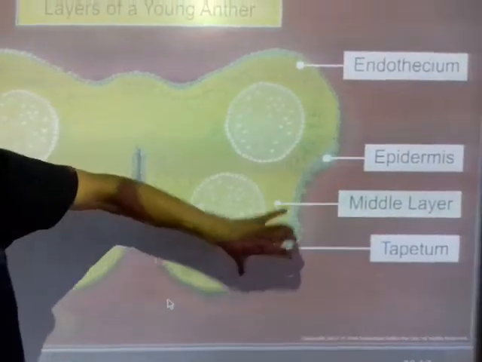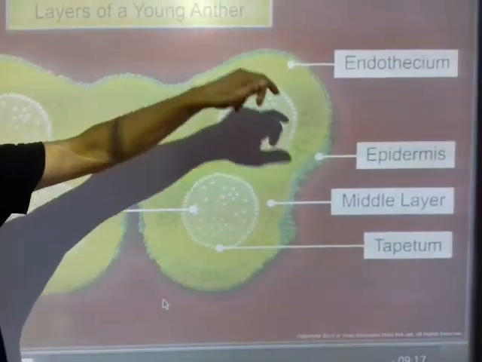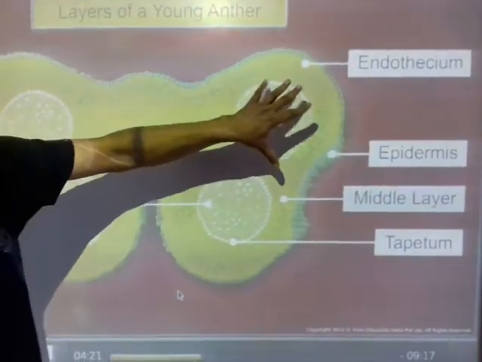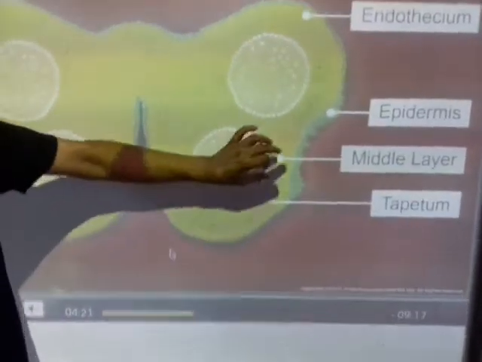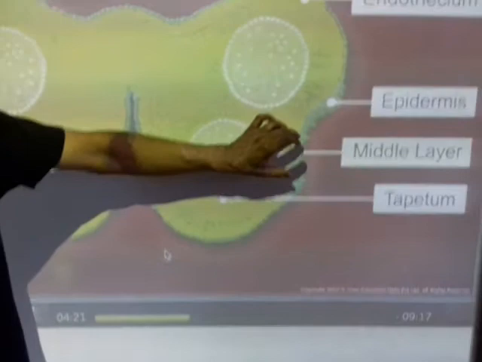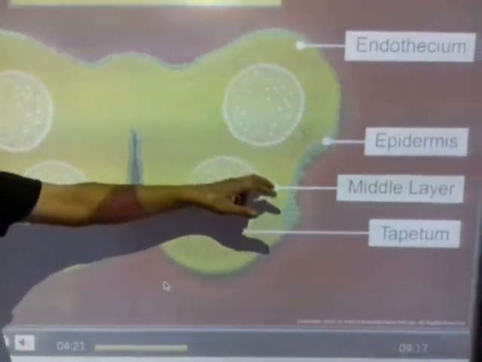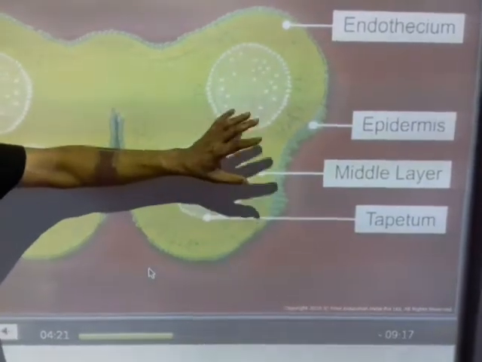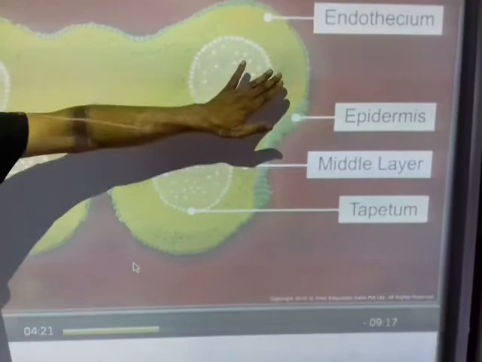This forms the outer layer, and in the inner part there is a primary sporogenous tissue, enclosed within the layer of the tapetum. The middle layers are usually ephemeral. That means when the anthers are mature, the middle layer usually gets destroyed, but the endothecium remains.